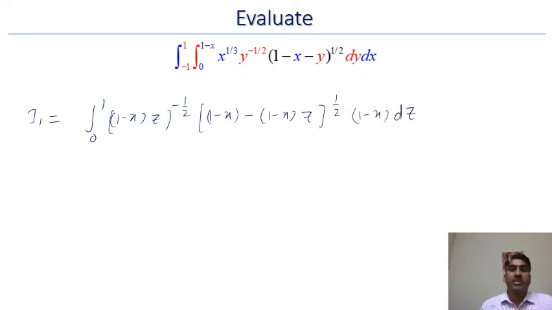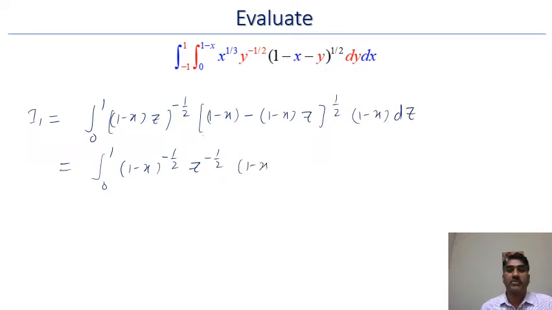So this is our integral. You can see that in the bracket 1 minus x can be taken common. So you can write this as integral from 0 to 1 of (1 minus x) to the power minus half, z to the power minus half, then take (1 minus x) to the power half common from the bracket.